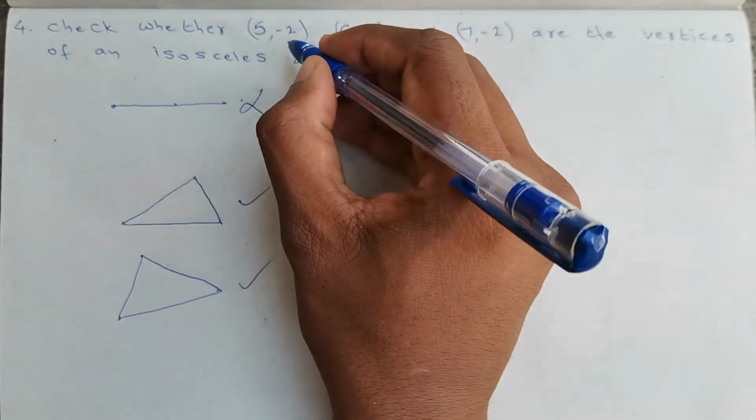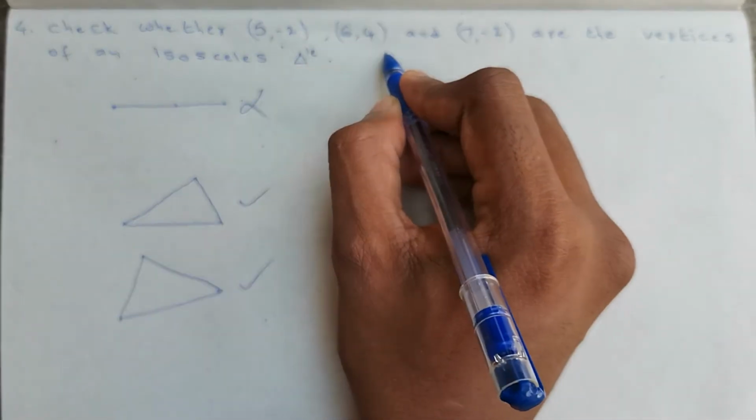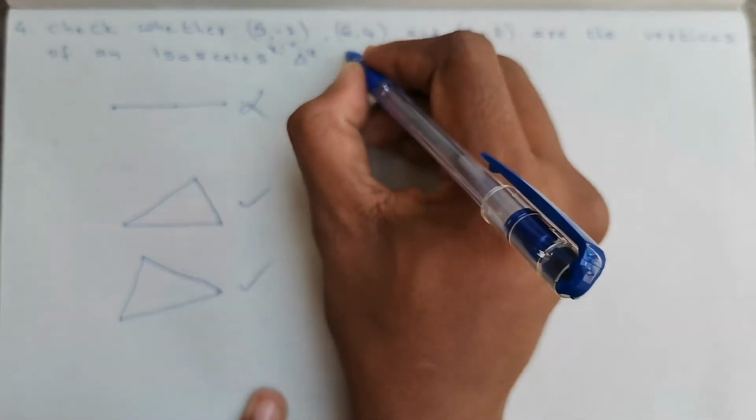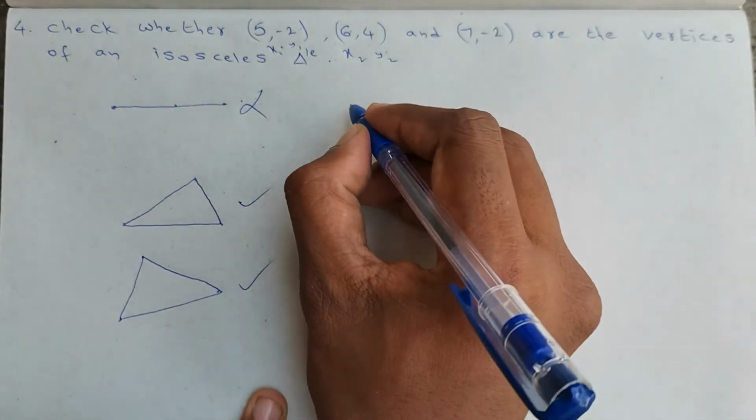So first I am taking this as point A and this as point B. Let us find the distance between these two. This is x1 y1 and this is x2 y2.